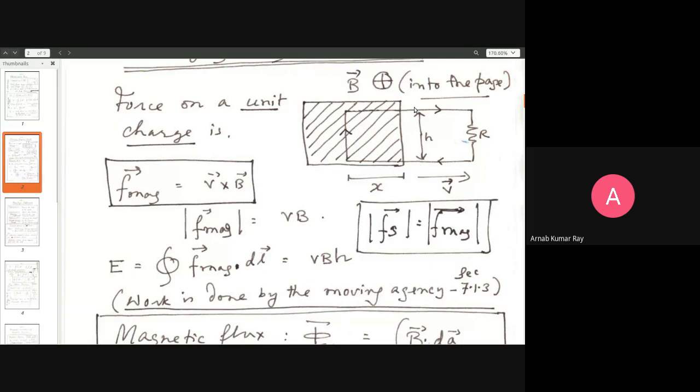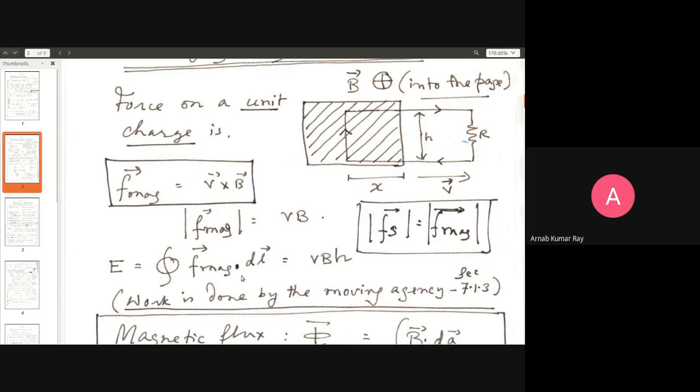Okay, so on this side there is no force. So along this path, outside the shaded region, the integral will give 0. What about this portion of the path? The force is acting in the vertically upward direction, and this path is perpendicular to it, so is this path.